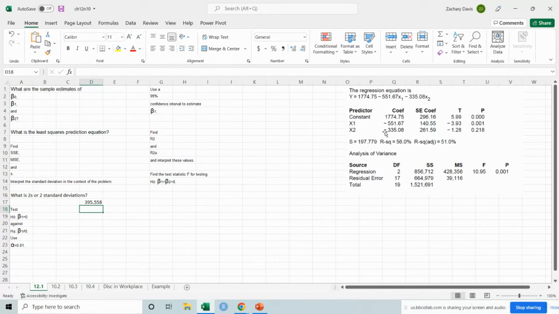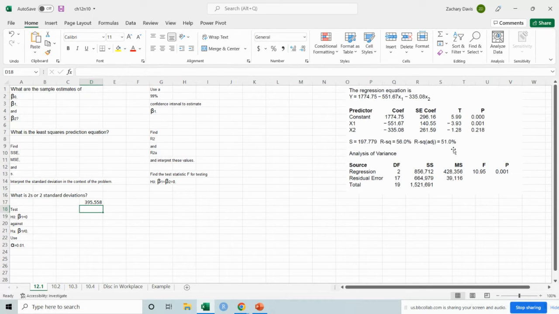We can see here that x1 is found to be significant, but x2 was found not to be significant. So if we were to interpret that, we would only give an interpretation for x1, whatever that variable happens to be, and we would basically ignore x2 in the sense that there's nothing we can gain from it, there's no explanation we can gain from it because that p-value was not significant.